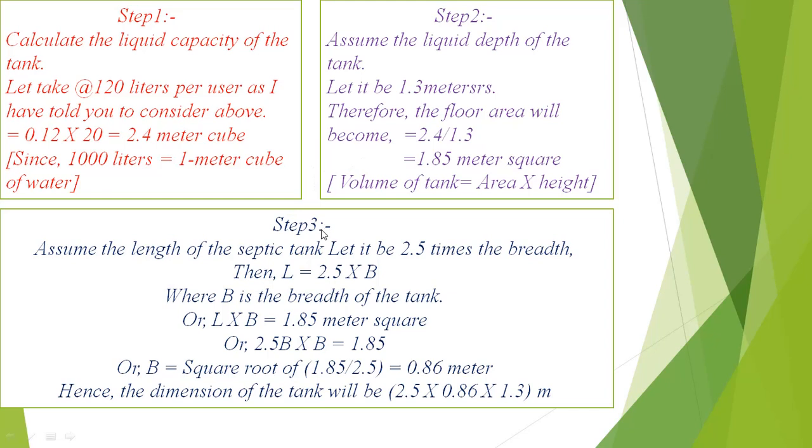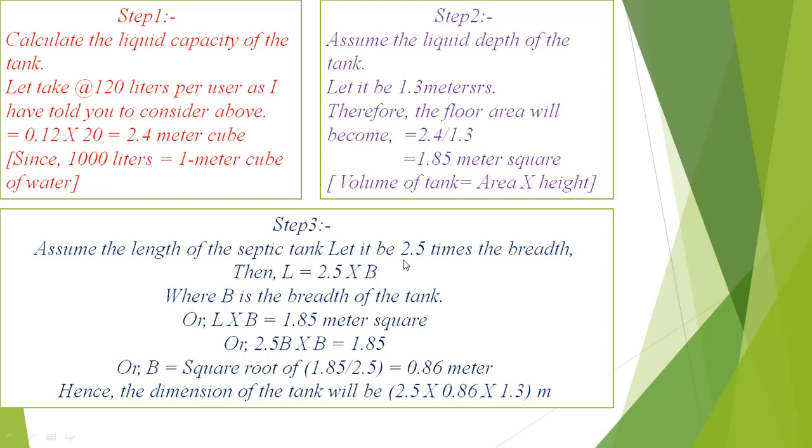Now step 3. Assume the length of the septic tank, let it be 2.5 times the breadth as earlier stated in the steps. Then L is equal to 2.5 B, where B is the breadth of the tank, and L into B is equal to 1.85 meter square. We have calculated area. How are we calculating area?